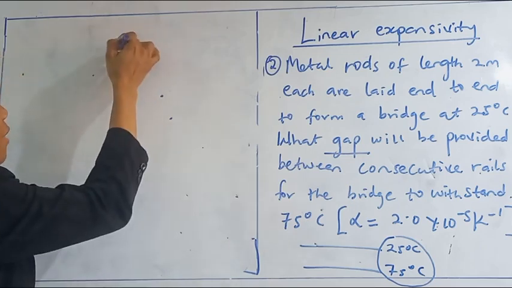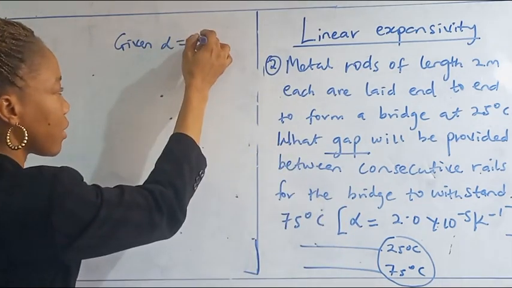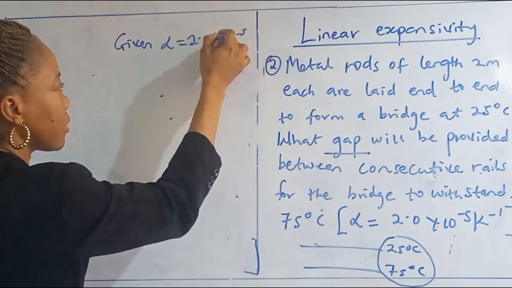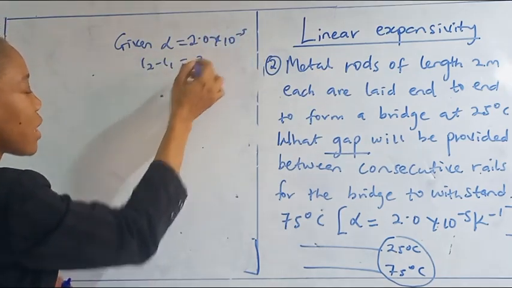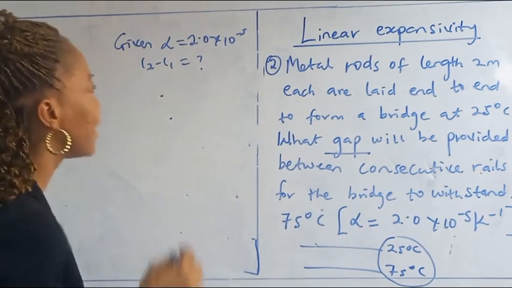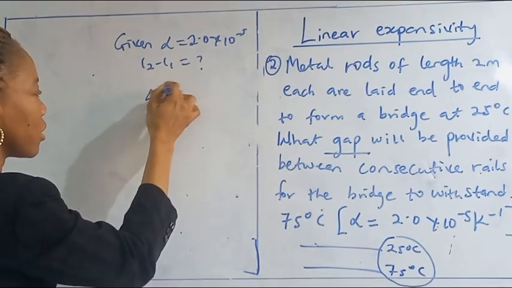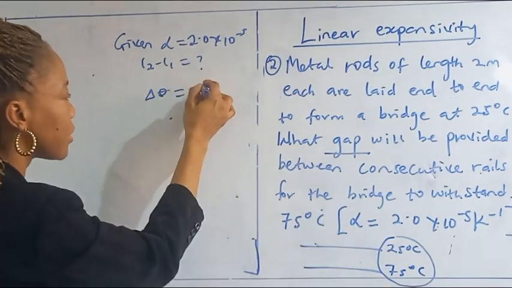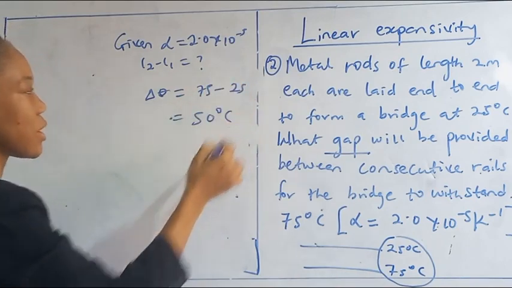Now, the linear expansivity is already given, and we are looking for L2 minus L1 and the change in temperature. The change in temperature is 75 minus 25, and that's 50 degrees Celsius.